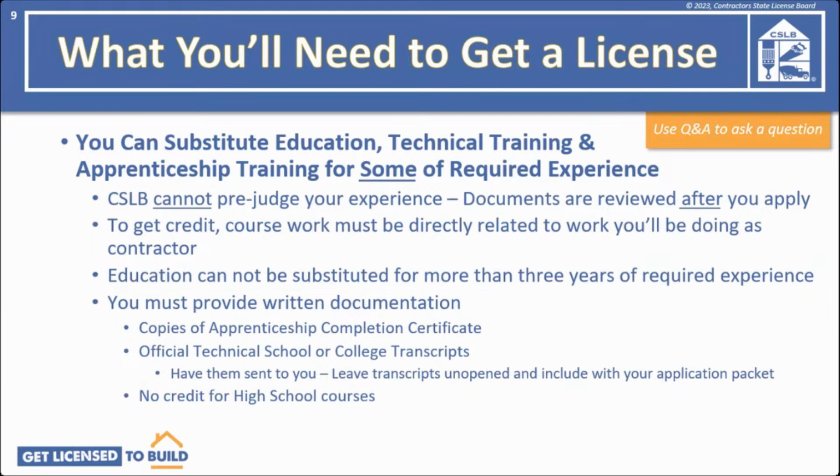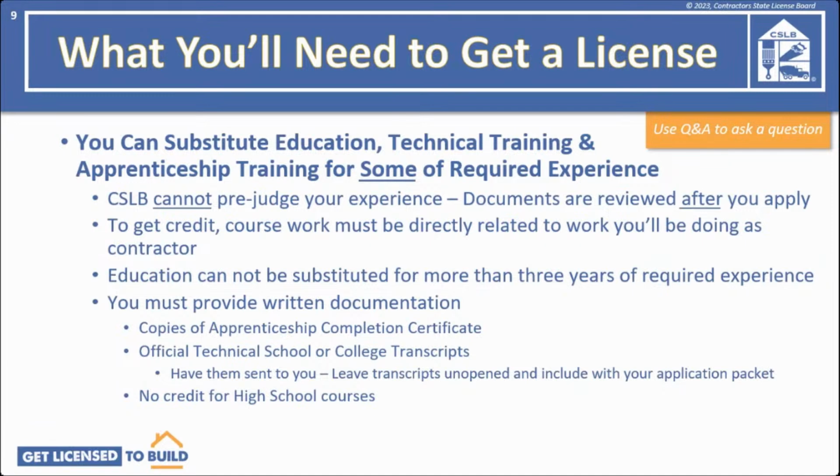Next, to get education credit, the coursework must be directly related to the work you will be doing as a contractor. Your education cannot be substituted for more than 3 years or 36 months of the required experience, meaning you will need at least 1 year of practical experience if you get the full 36 months of education credit. To apply for education credit, you must provide CSLB with written documentation.